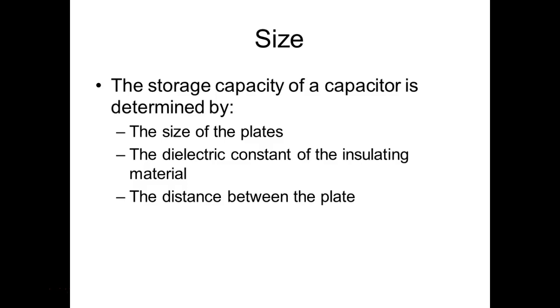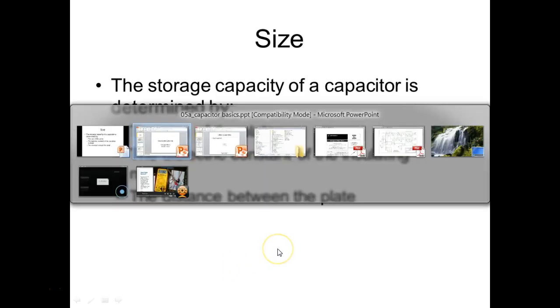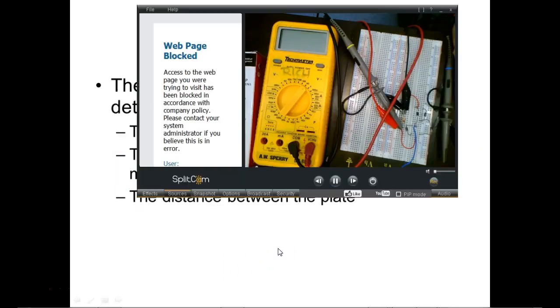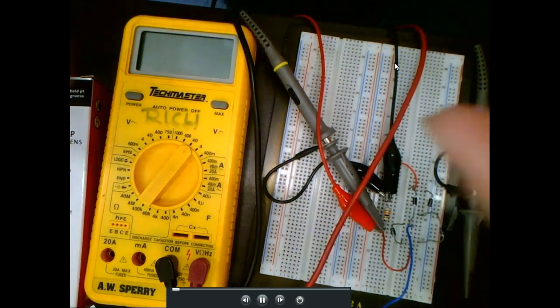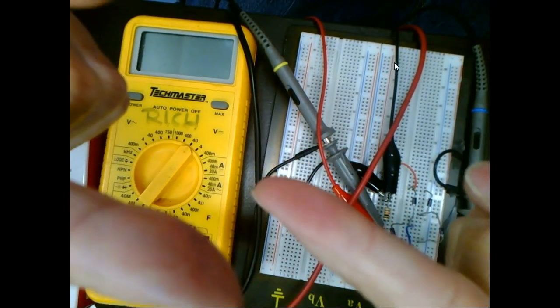What we do to adjust the plates is, the capacitor only exists where the plates overlap. So what does that mean? Of course, I can't show this on my video. I guess I could. So what that means is my capacitor only exists where the plates overlap.